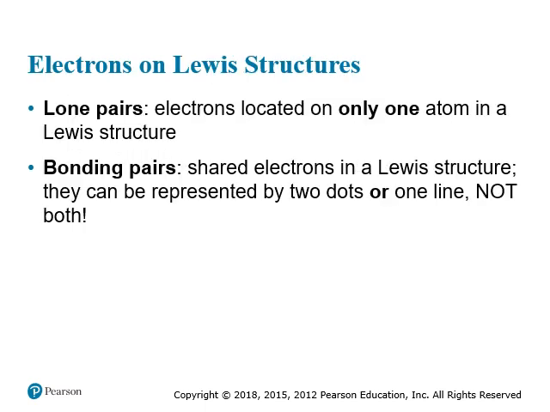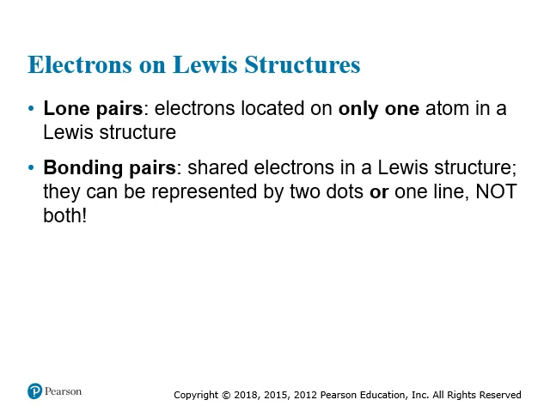Now, on the previous slide, we saw that there were a series of electrons that were represented with respect to the Lewis structures. There were some electrons that were placed only on one atom, and then there were electrons that were shared between atoms.